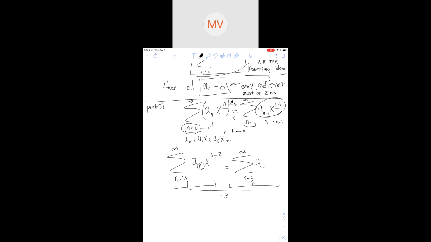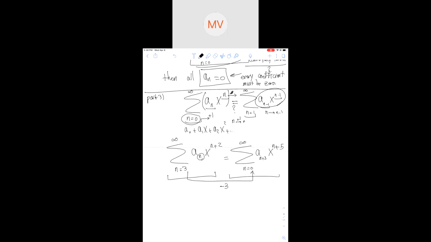So it's going to be a sub n plus 3, and then it was plus 2, but you're doing n plus 3, that means it's going to be n plus 5. Do you see what I'm saying? So whatever you're doing on the counter, on the terms of the summation inside, you have to do the opposite. So here you add 3 to all n's.